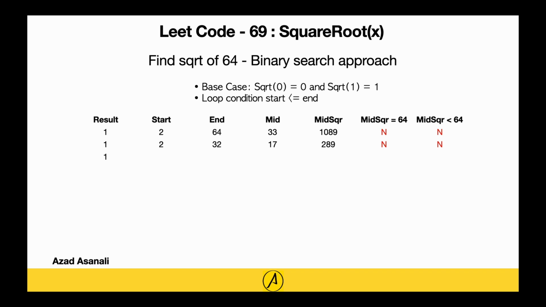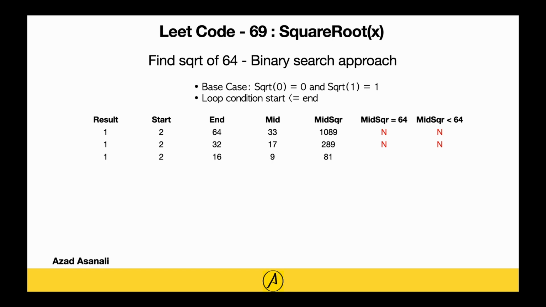Square it and check. Neither condition matches, so we keep the result as it is. Then we update the end pointer to mid minus 1, keeping the start pointer as 2.